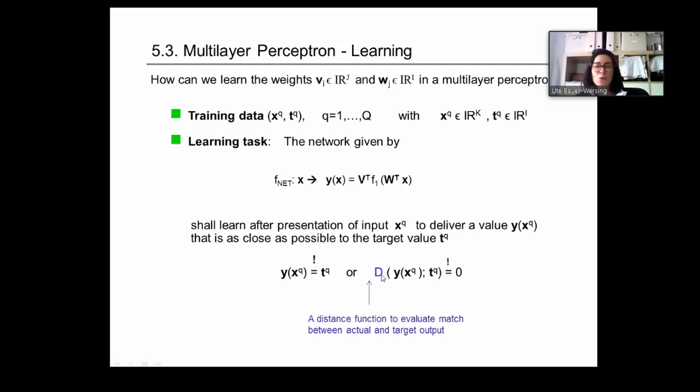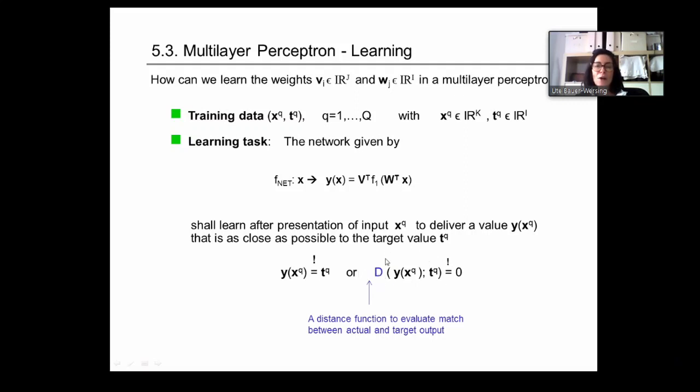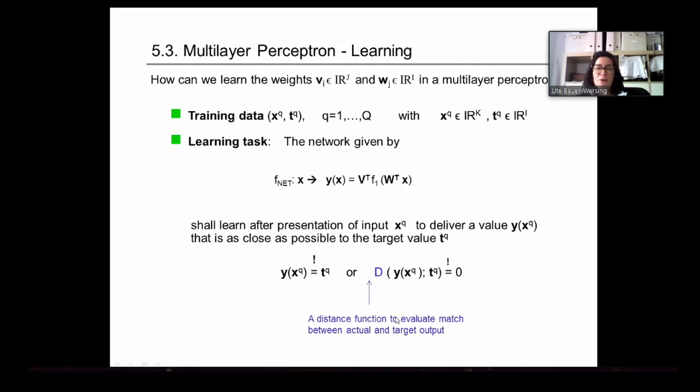Or in other words, we want to minimize the distance between the generated output of the network, Y(X_q), and the given target value T_q. So basically, this means that we have to formulate a kind of distance function that evaluates how good the generated output is when compared to the given target value.